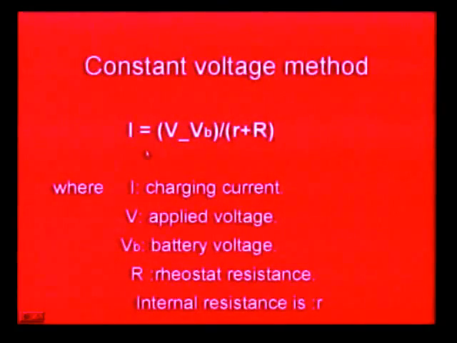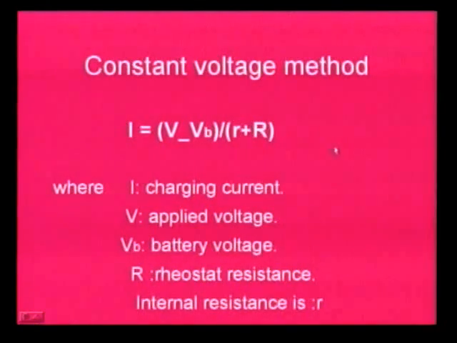So here the voltage is constant and the charging current is equal to (V minus VB) divided by (r plus R), that is rheostatic resistance plus internal resistance.